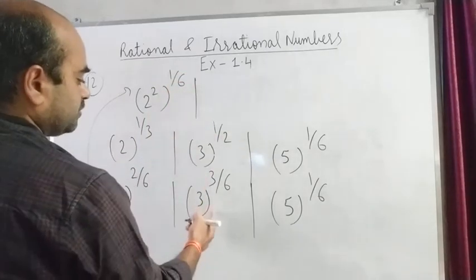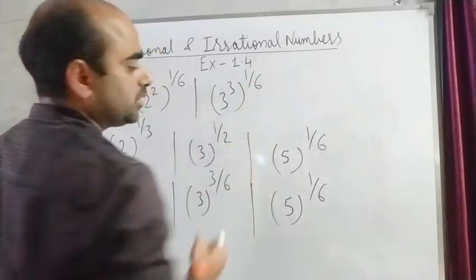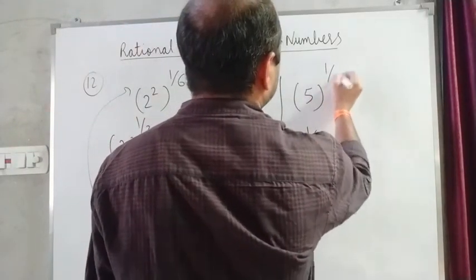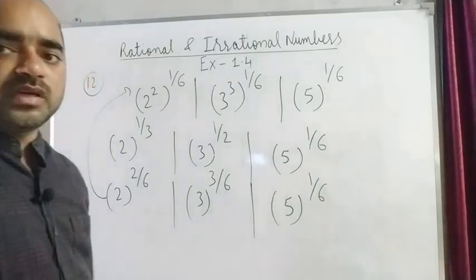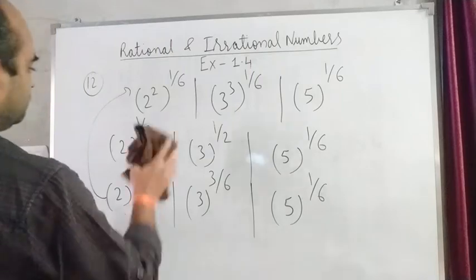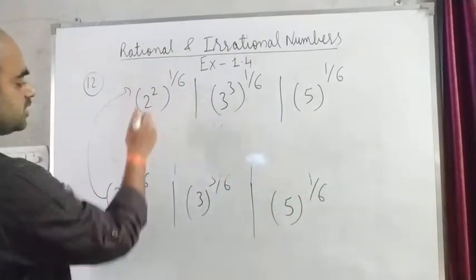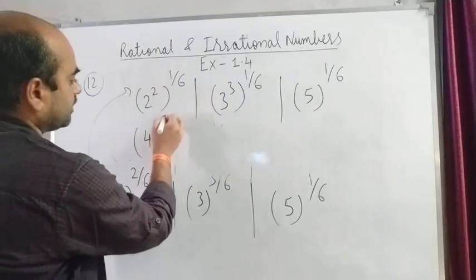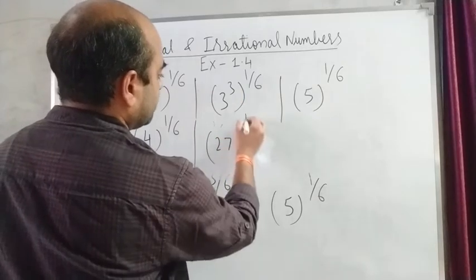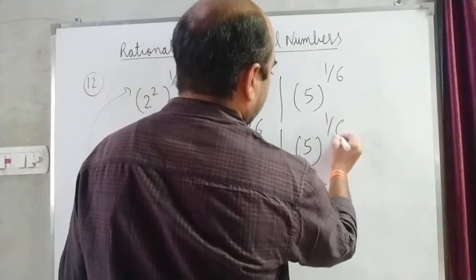And a cube inside with 1 by 6 out, and here already no problem, 5 to the power 1 by 6. So I think this is clear. Now we can compare very easily. So this is 4 to the power 1 by 6, this is 27 to the power 1 by 6, and this is 5 to the power 1 by 6.